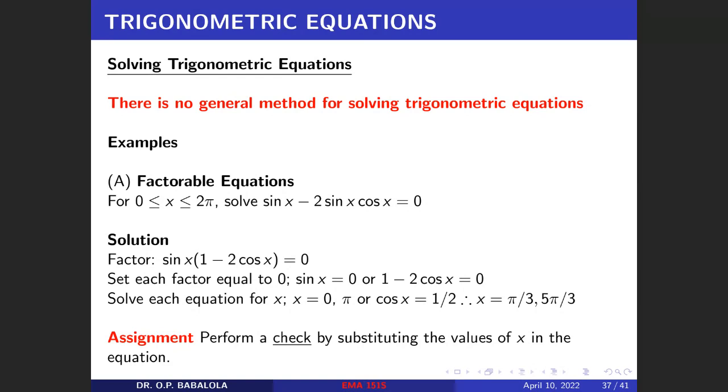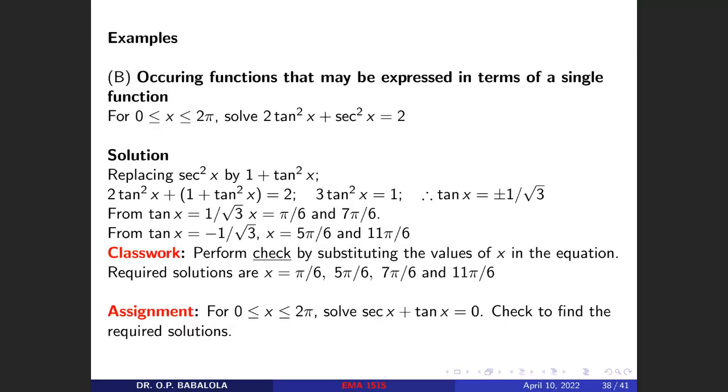That is what I mean by performing a check by substituting the values of x in the equation. Since you would have obtained different values of x, substitute those values back into the equation one after the other. The ones that do not give you 0 are not going to be the solution of that equation. When it gives 0, then that is the solution to that equation. It could be one value out of 4 that gives 0, or you have 2, or every value gives 0, and that is how you obtain your answer.